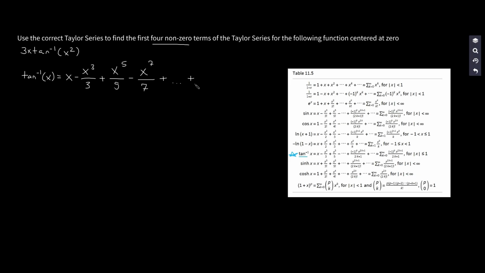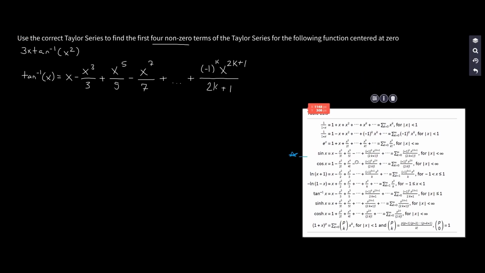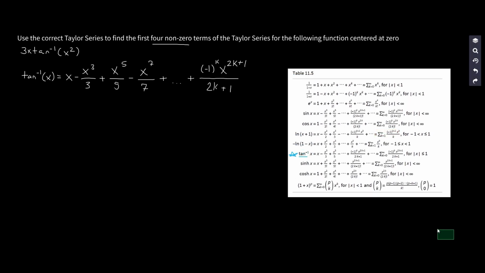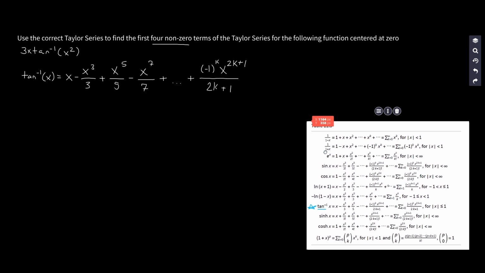Ellipses plus -1 raised to the power of k times x raised to 2k plus 1, and then the denominator 2k plus 1. And then we can write out the summation notation.